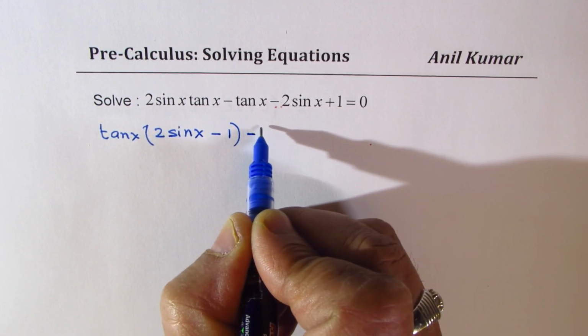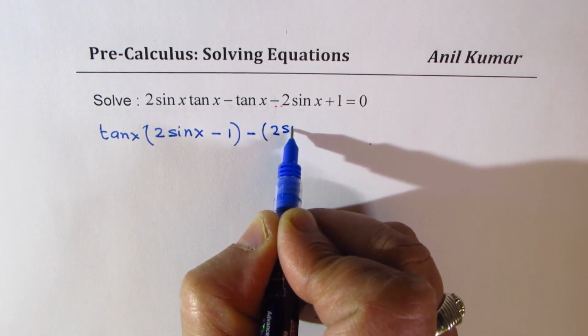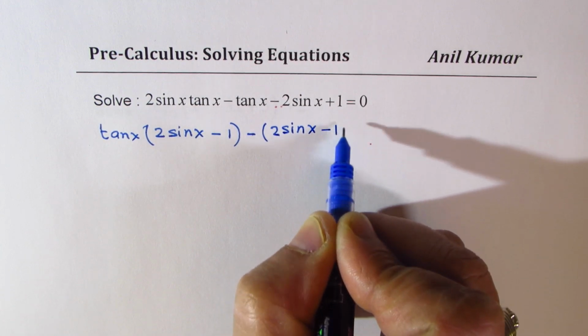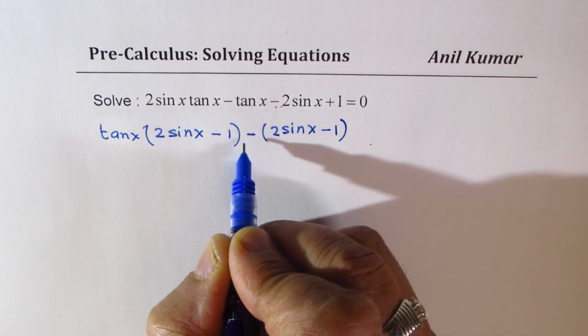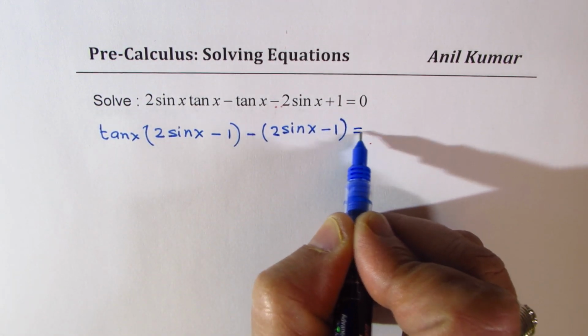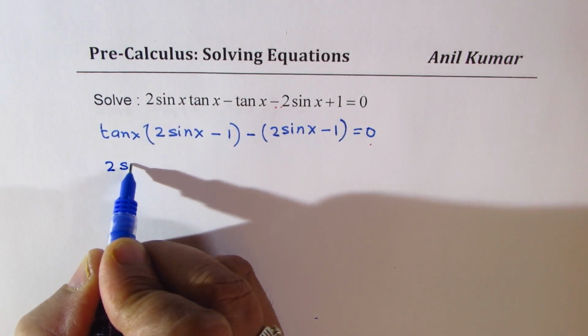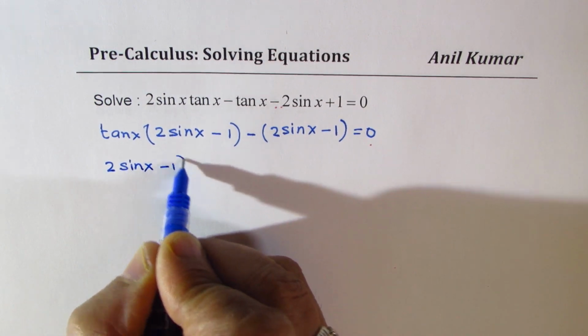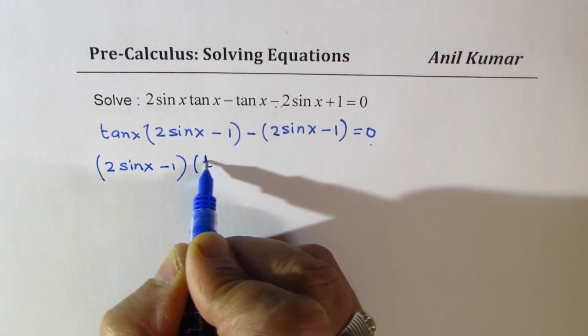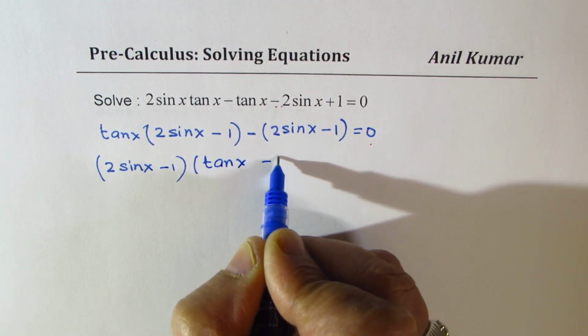Here I could factor minus 1. We get 2 sin x minus 1. Since there is a minus outside, I have to change the sign. Now 2 sin x minus 1 is a common factor. Within the brackets, we get tan x minus 1.